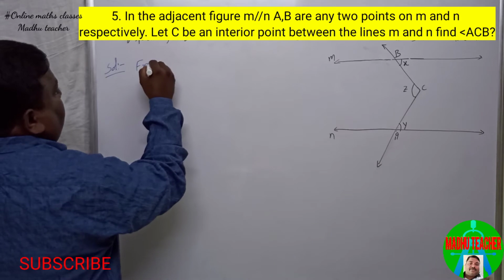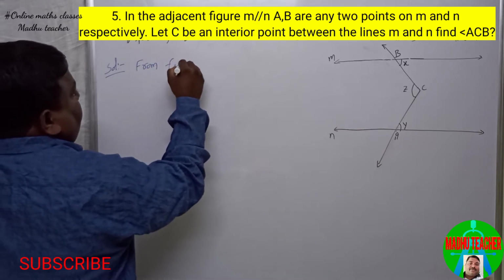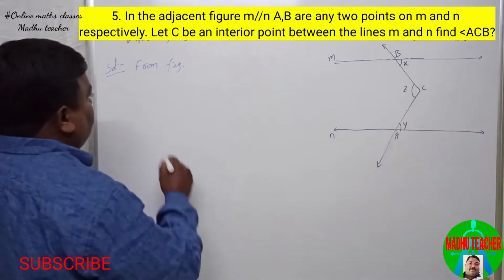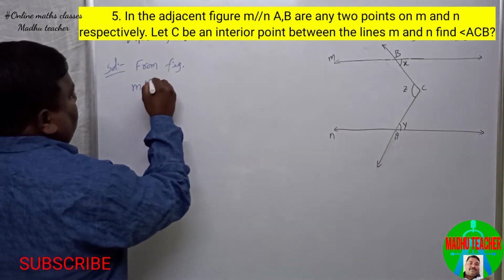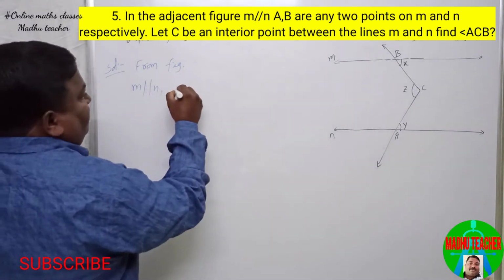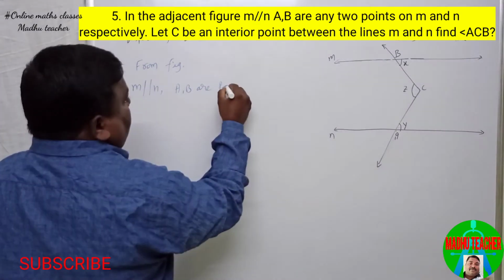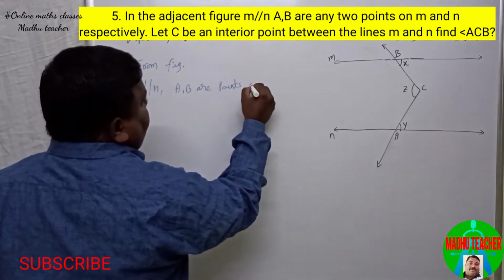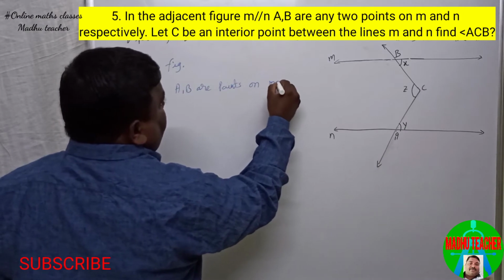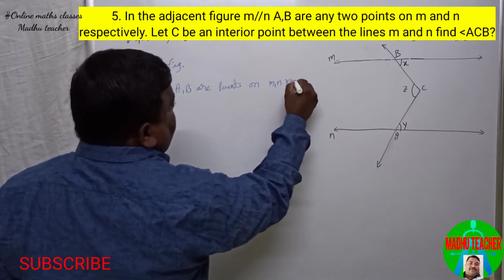So first of all, what is given? From the figure, M is parallel to N. A and B are points on M and N respectively.